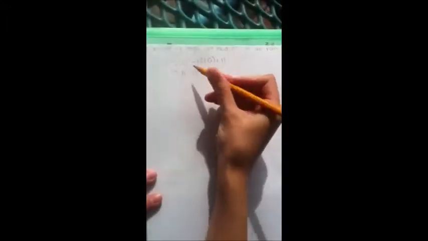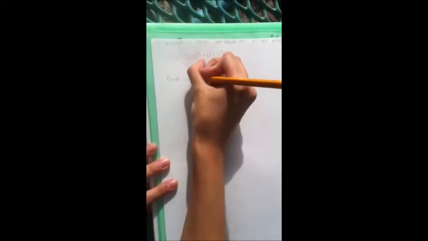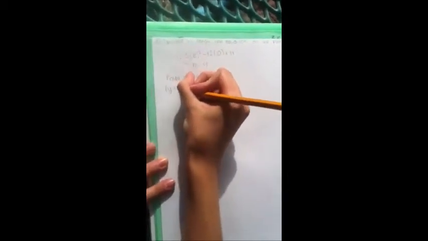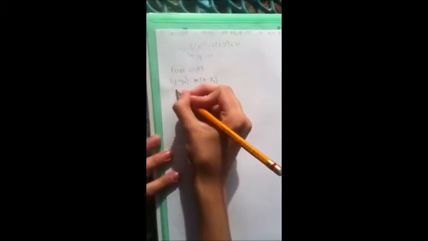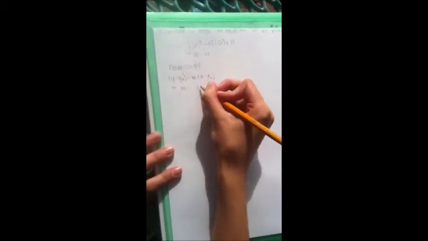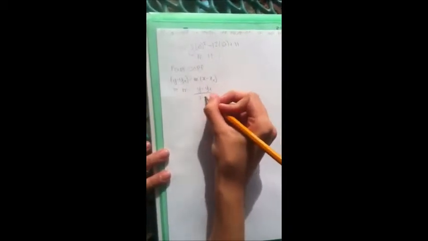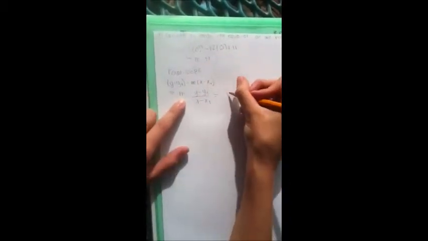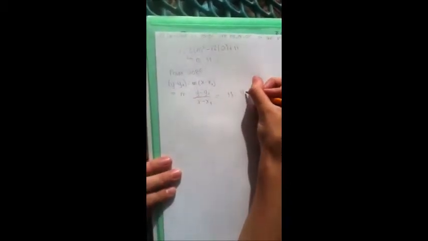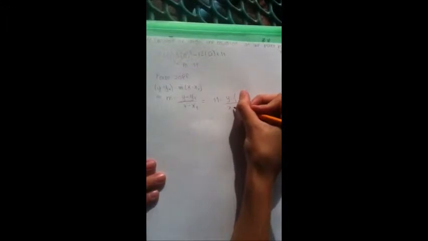Our slope will be 11, because this term eliminates and this one eliminates. And then we use the point-slope formula, which is this formula. From here we want to get the slope, so we pass this down here, and then our slope is 11, equals y minus 6 over x minus 0.